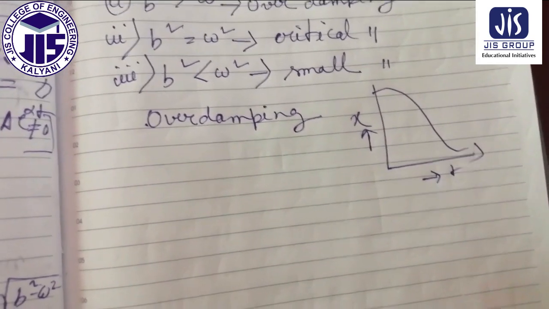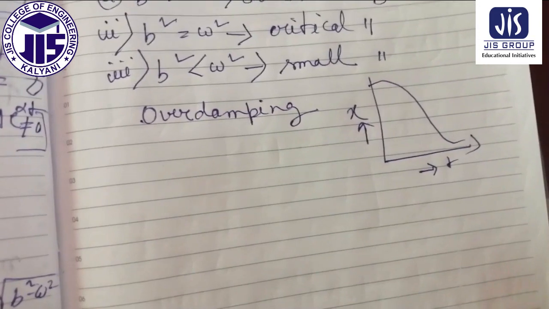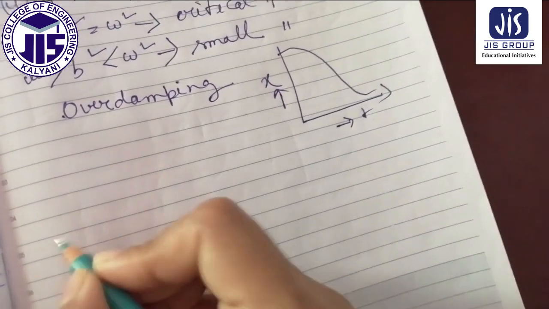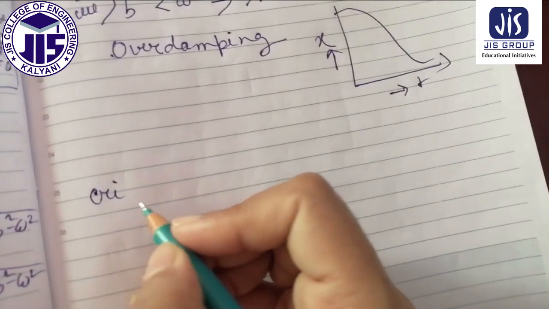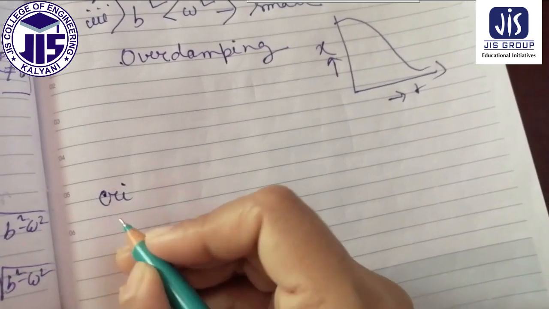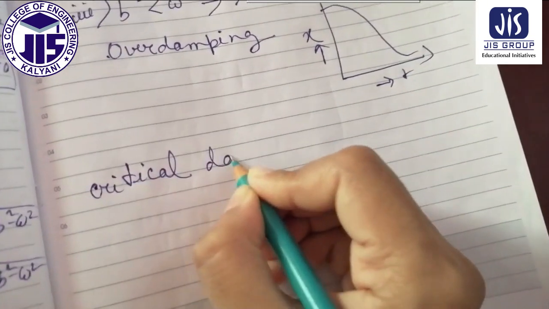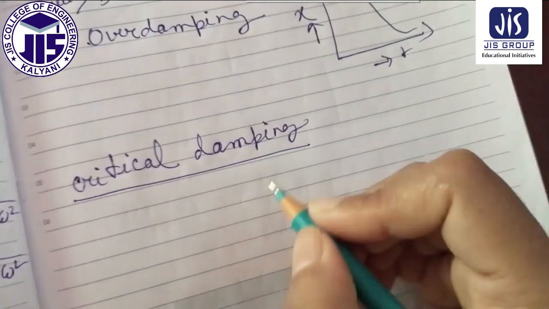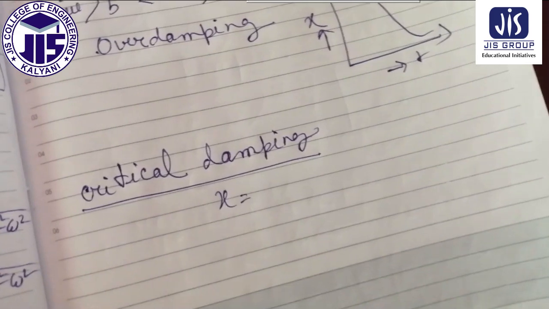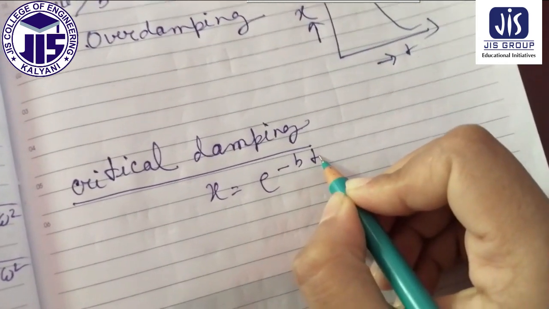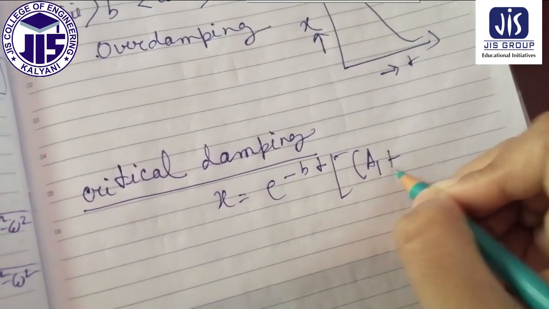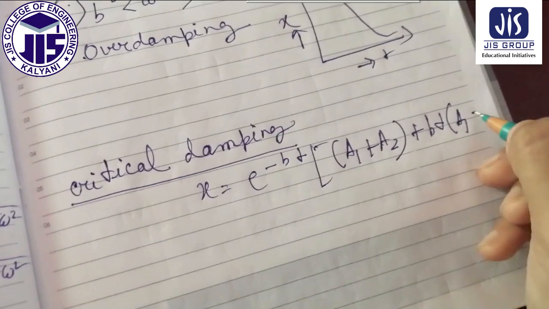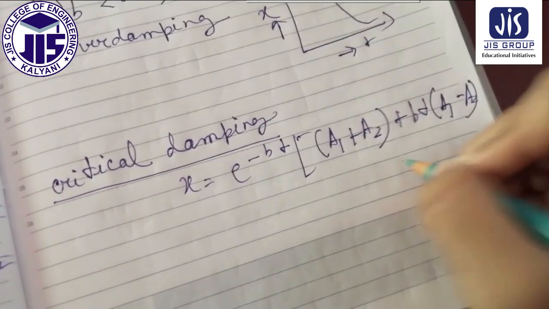Now next is critical damping. For critical damping, if we put b square equal to omega square over here, then x actually looks like e to the power minus bt into a1 plus a2 plus bt into a1 minus a2 plus so on.